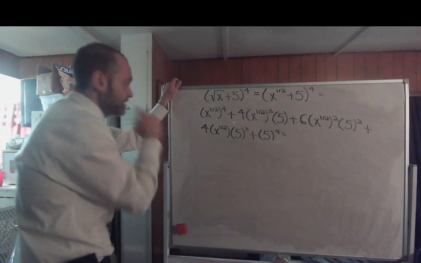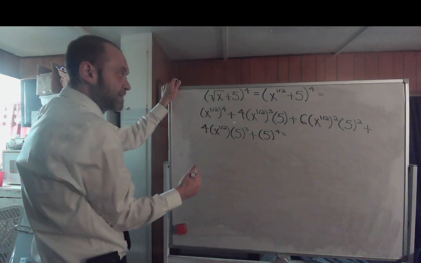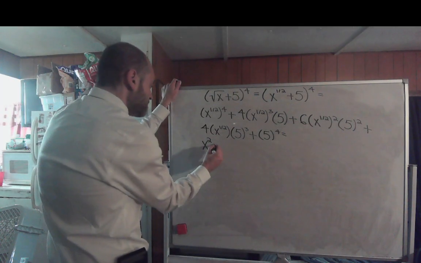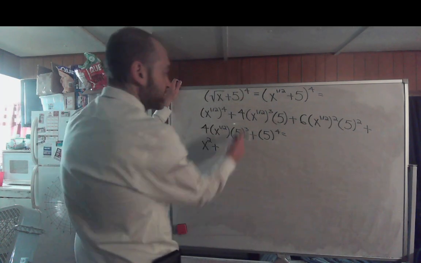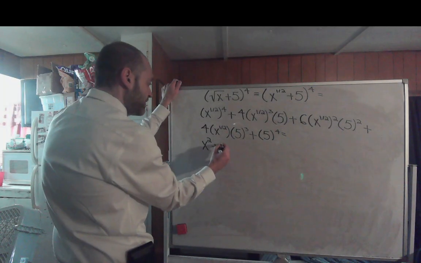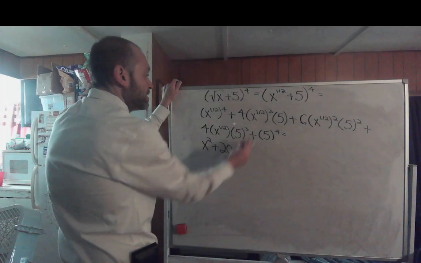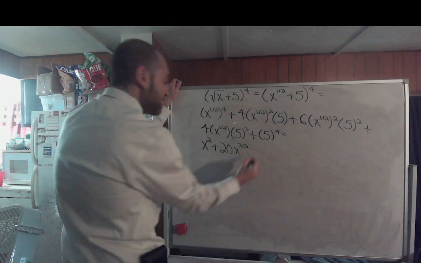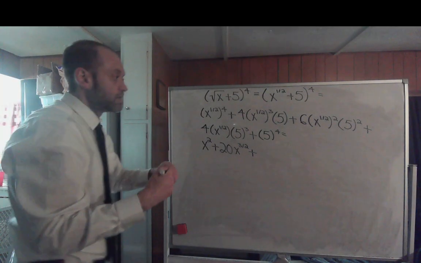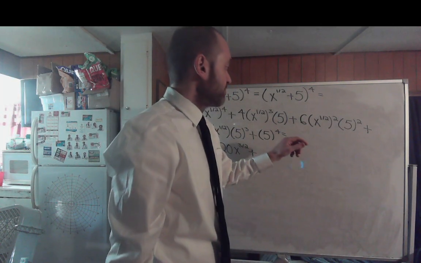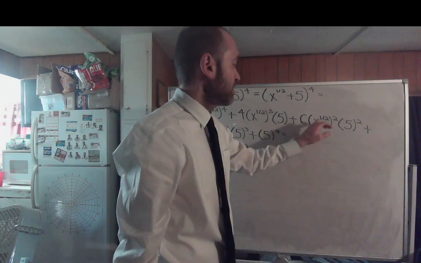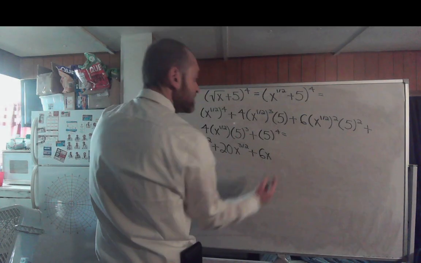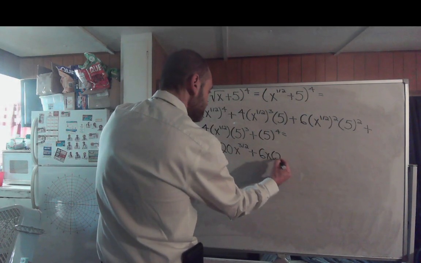Alright, let's simplify this. X to the 1/2 raised to the fourth, that just turns into x squared. Plus, take your coefficients of 4 and multiply by 5, you'll end up getting 20 times x to the 3/2, plus, we have 6 times x to the 1/2 squared, that's just going to end up being 6x times my 5 squared, that'd be times 25.